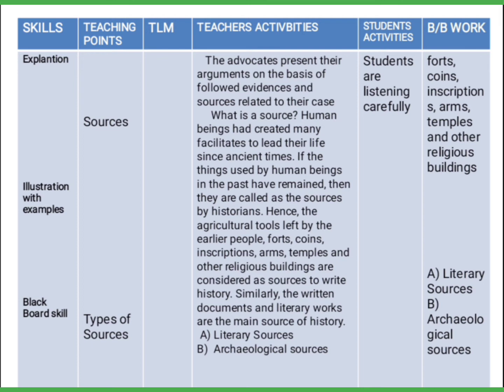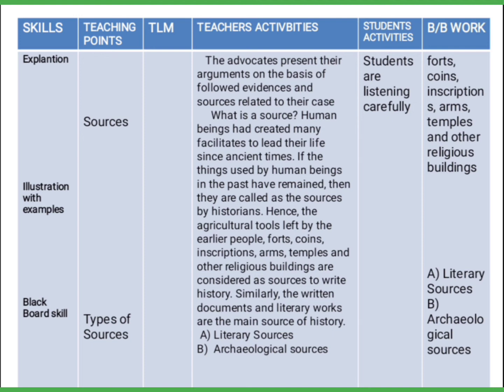The next teaching point: sources. What is a source? Then you are going to explain about sources. Human beings created many facilities to lead their life since ancient times. If the things used by human beings in the past have remained, then they are called sources by historians.